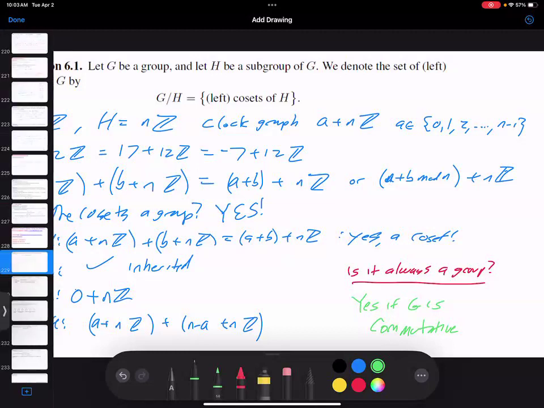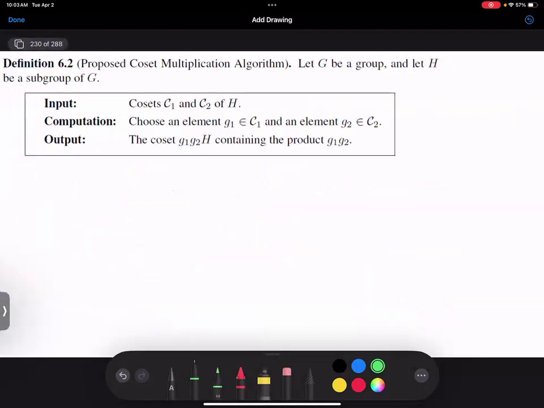So unfortunately, it's not always going to be the case that coset multiplication is well defined. So here is a simple algorithm. Let's take two cosets, C1 and C2 of H. And we're going to choose some element G1 in the first. We'll choose some element G2 in the second.